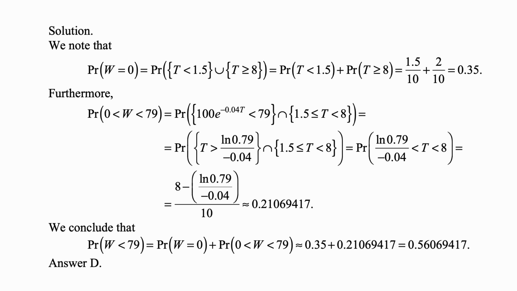Note that both the natural logarithm of 0.79 and negative 0.04 are negative, and we switch the direction of the inequality because we divided both sides by a negative number.